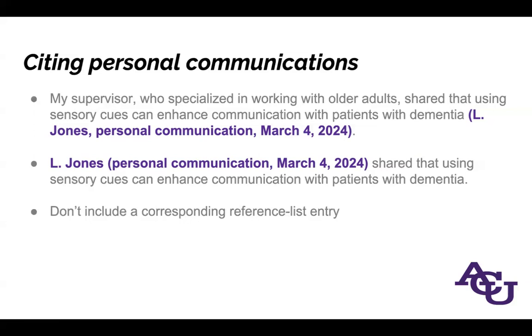And so after the name of the person who gave the communication, you still include in parentheses the fact that it was a communication, so that's our type of source, and then the date of that communication. In both instances, however, you will not need an entry in your references at the end of your document.